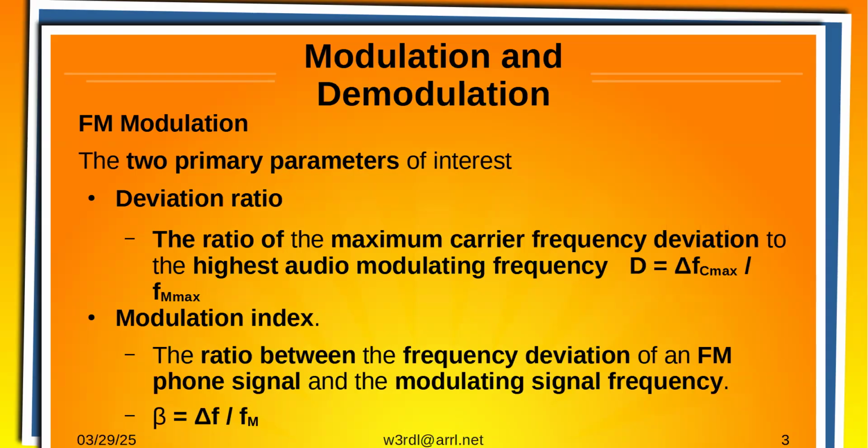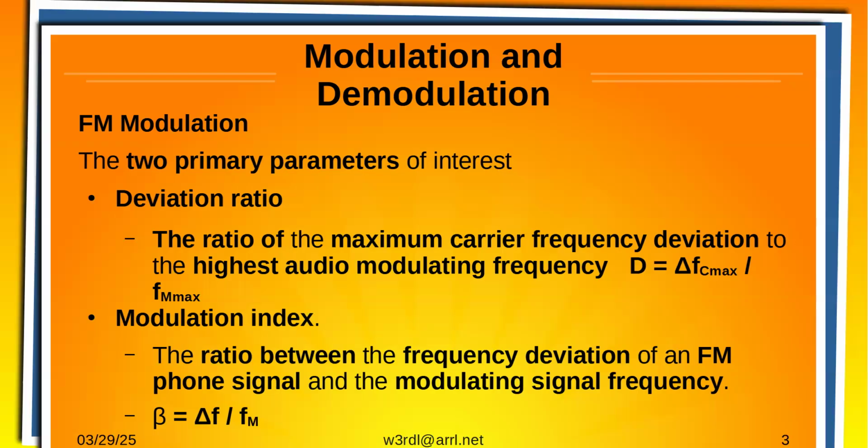So let's say you were just doing it with a 1 kilohertz tone. So your FM max would be 1 kilohertz. And you divide that into your carrier deviation, and you set that up for, let's say it's 5, I don't remember what the standard ones are, 5 or 6 megahertz deviation.